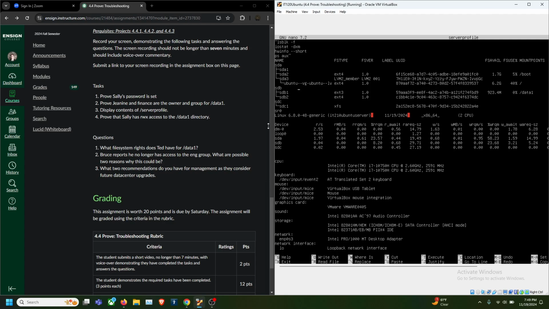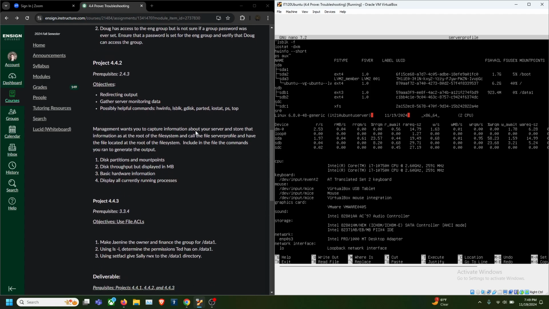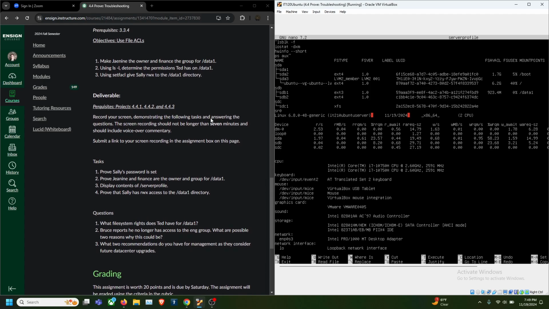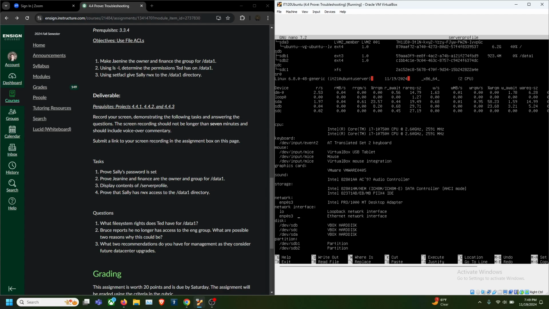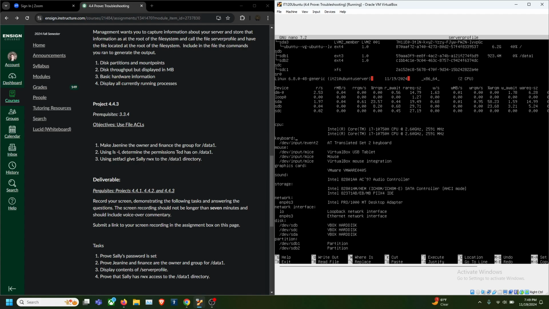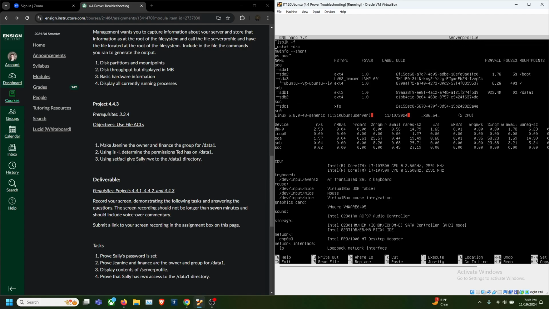Earlier in here, you have the disk partitions and mount points, disk throughput displayed in megabytes, basic hardware information, and all running processes. These commands have that scope. So with partitions and mount points, we have that up here with the lsblk.